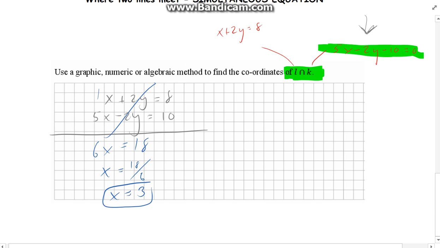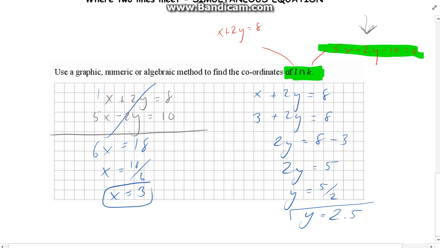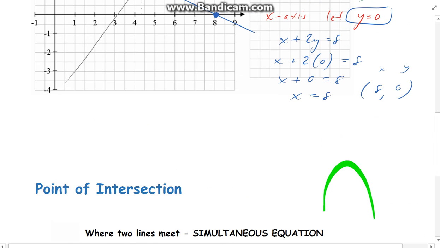Once you find your x value, you solve it back into one of the initial equations to find your other value. So we'll have 3 plus 2y is equal to 8, so 2y is equal to 8 minus 3, so 2y is equal to 5, and y is equal to 5 over 2, which is 2.5. So your point of intersection was (3, 2.5). And that is that.